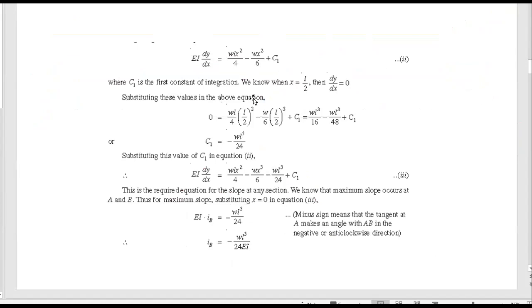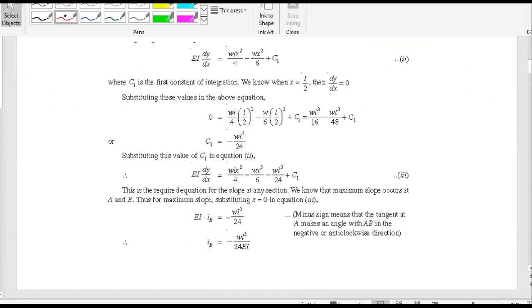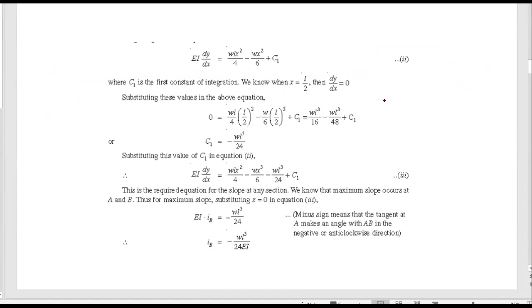Now I need to find the integral constant C1 for the simply supported beam by applying the boundary condition. The boundary condition is at x equal to L by 2, dy by dx is equal to 0.